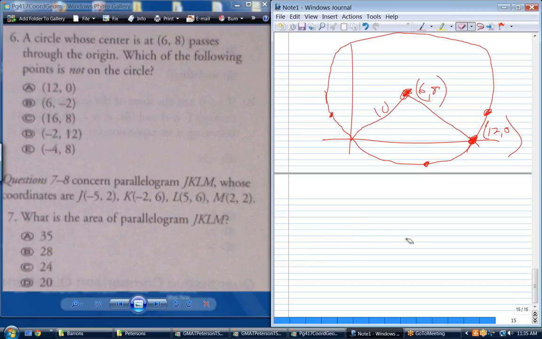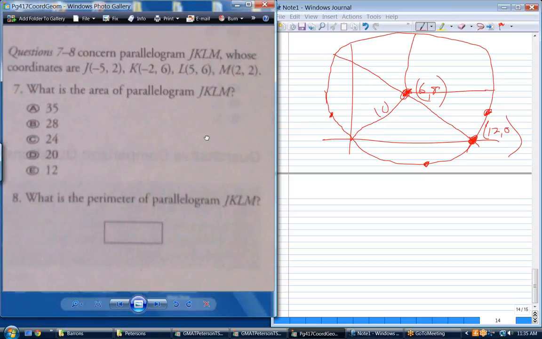If you don't know the equation of a circle, but you know the distance between 2 points, then you could figure this out, because the distance of all of these radii have to be 10, no matter what point it's going to.